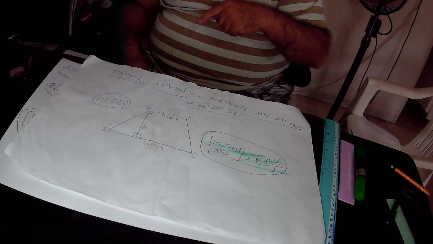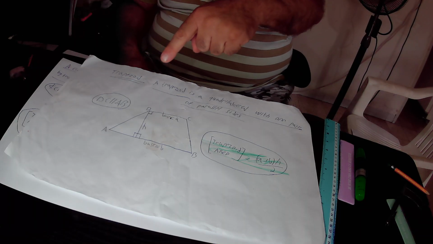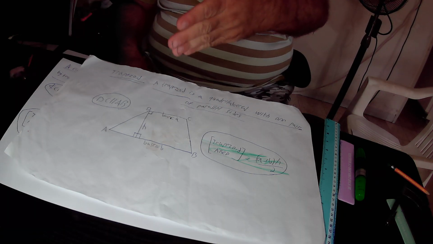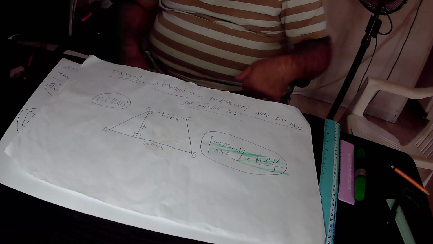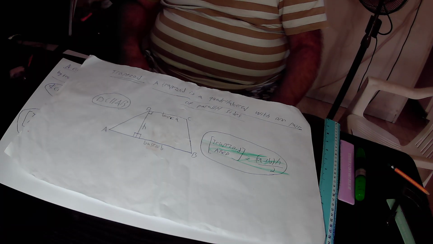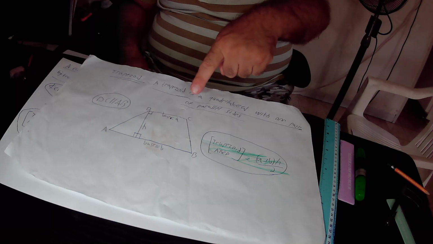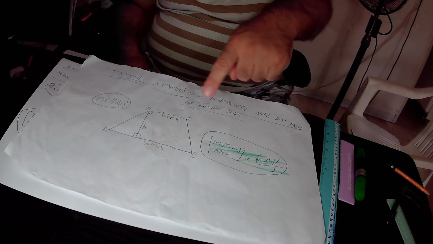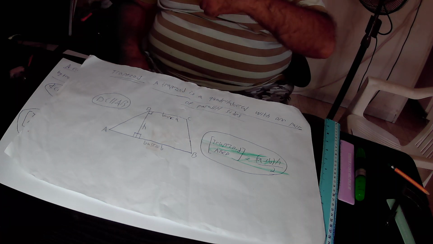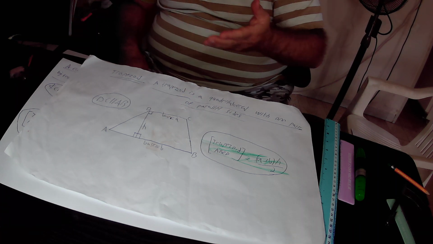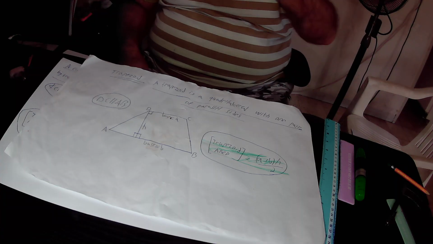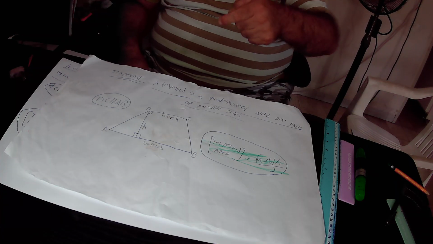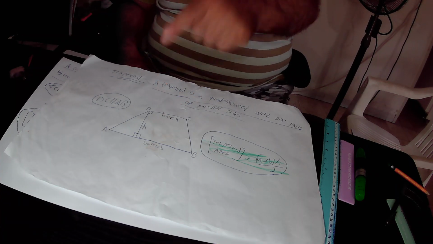The two parallel bases, DC and AB, are defined as the bases of this trapezoid ABCD. If we define the length of base DC as A and the length of base AB as B, then the area of this trapezoid ABCD will be equal to the sum of its two parallel bases, A plus B, times the height over 2.